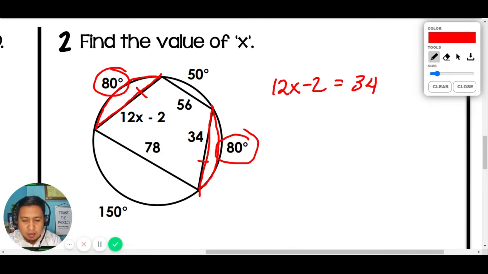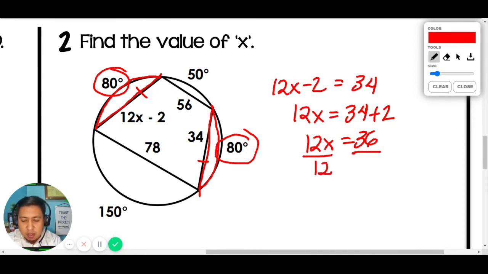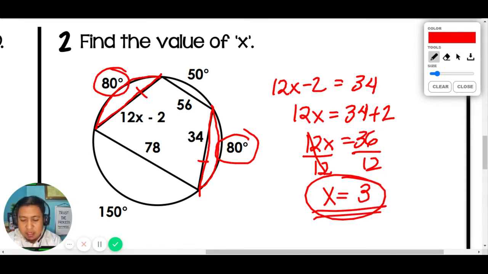Then after that, we combine similar terms. 12x is equal to 34 plus 2. So we have 12x is equal to 36. Divide both sides by 12. And the answer here, or x, is equal to 3. Now this is the correct answer.